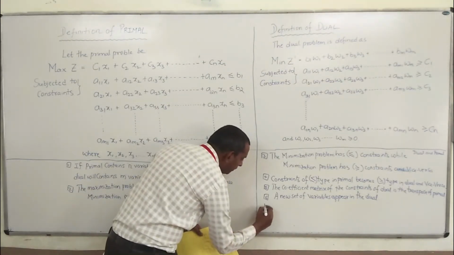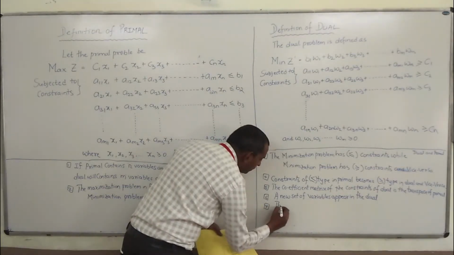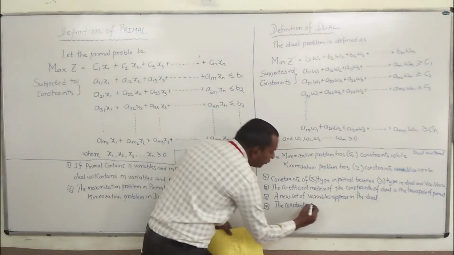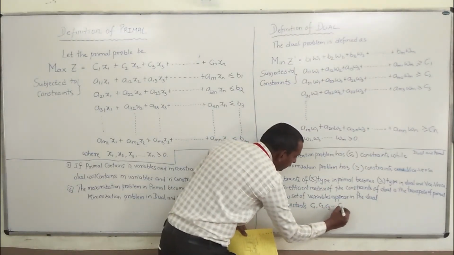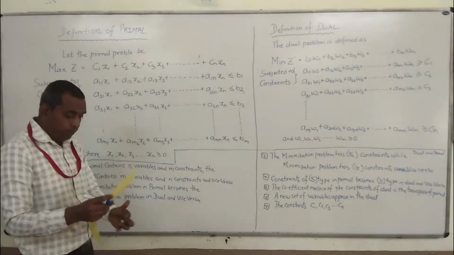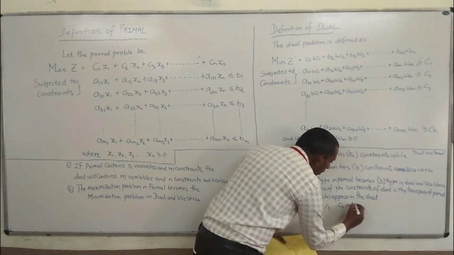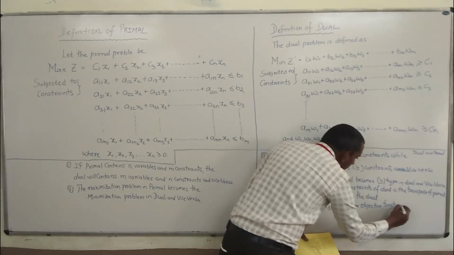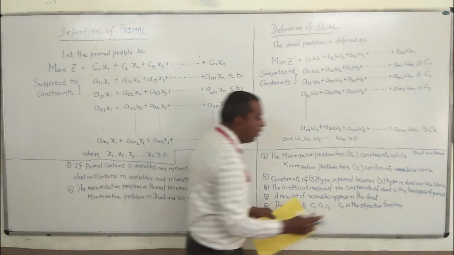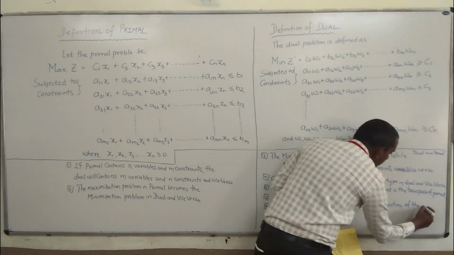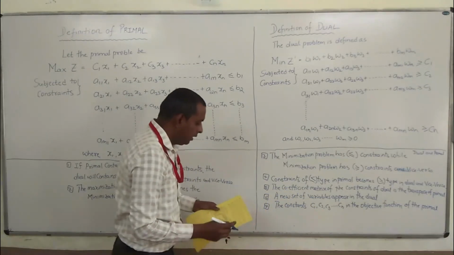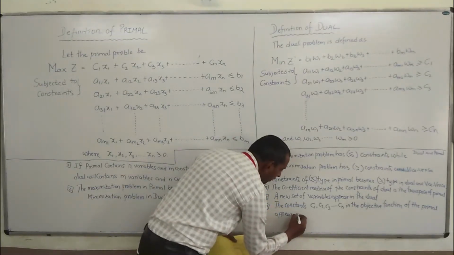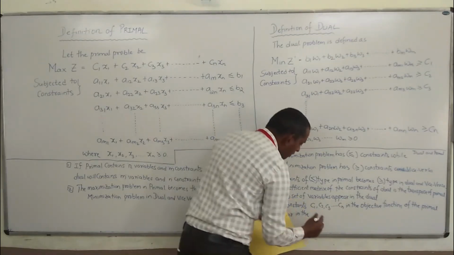Whereas for the seventh one, the constants C1, C2, C3 up to Cn in the objective function of the primal appear in the what here?